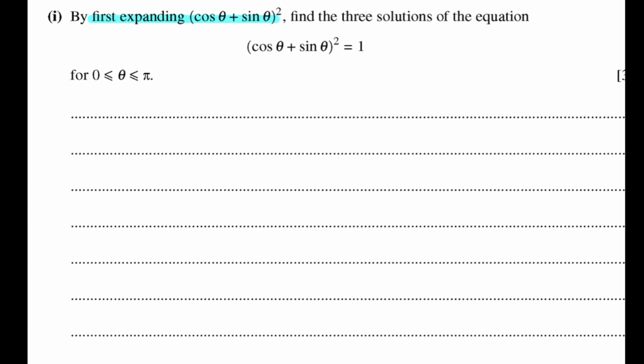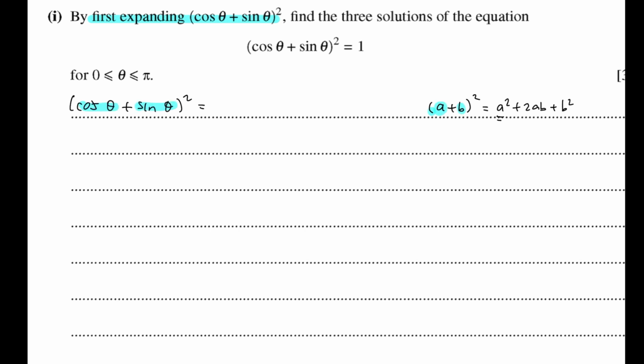So here we have (cos theta plus sin theta) squared. How do we expand this? We know in the algebra formula we have (a plus b) squared equals a squared plus 2ab plus b squared. So we can apply it to cos theta plus sin theta. The a is cos, b is sin.